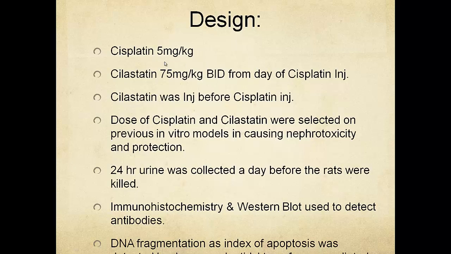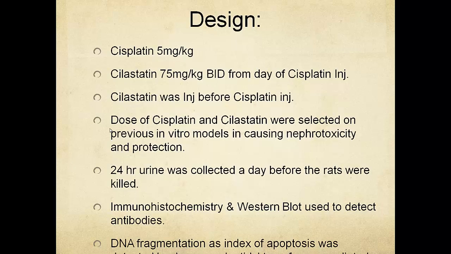The dose of cisplatin was 5 milligrams per kg. The dose of cilastatin was 75 milligrams per kg BID, starting from the day of cisplatin injection. These doses were taken from previous in vitro studies, and cilastatin was injected before cisplatin injection, as we discussed.